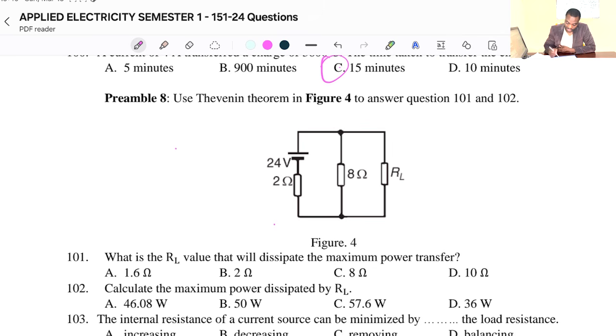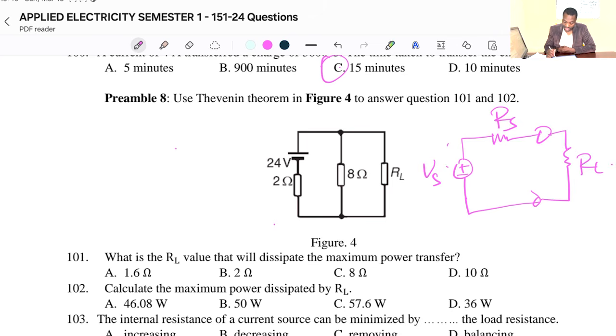So when it comes to maximum power transfer, we know that we should have this simple circuit, right? So we have a voltage source in series with the source resistance, so I can write here Vs. Then we connect our load resistor RL.